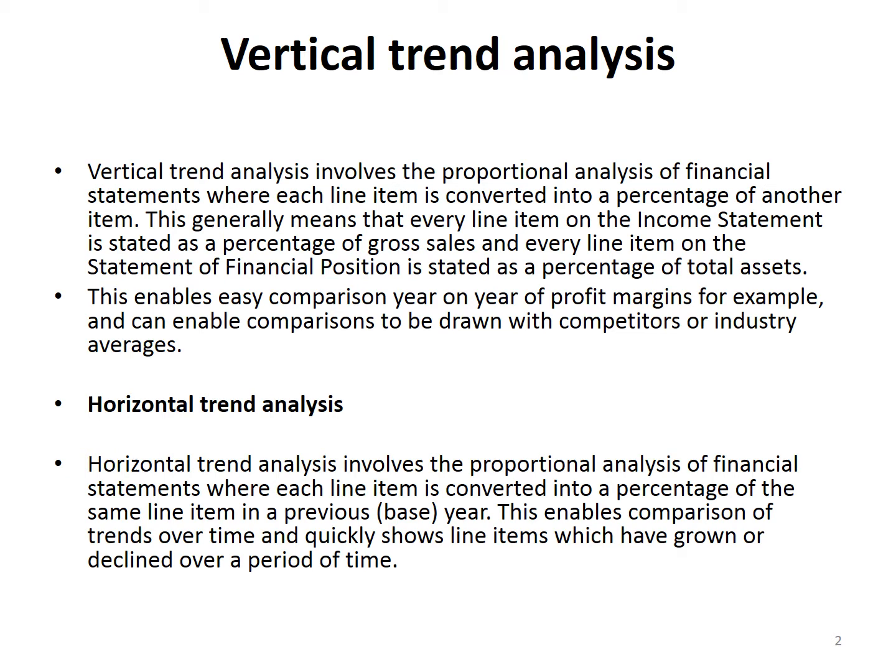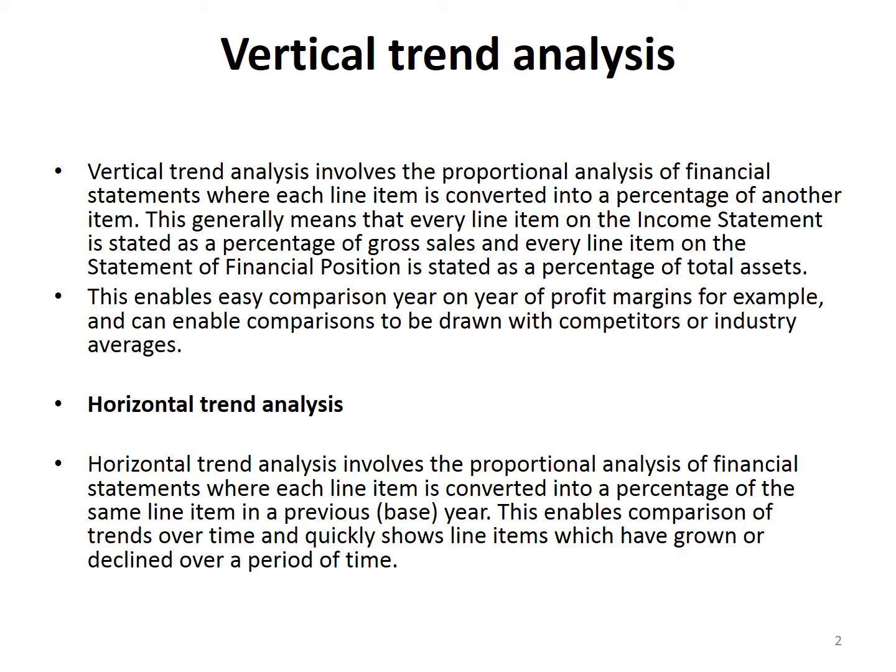You will do the same for 2020 as well. Let's say in 2020 it's 150. So 150 minus 100, 50 divided by the base 100 times 100, it will be 50% growth in revenue. It's a year on year trend analysis. So that's horizontal trend analysis.